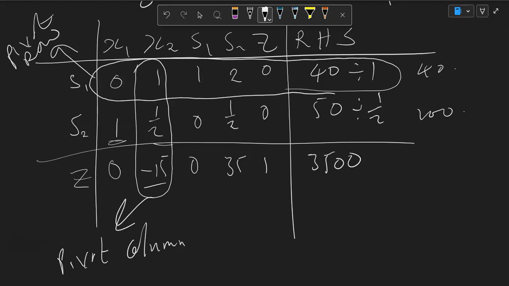Now in this case, we already have a 1. So there is no need of dividing or multiplying, because the number that we want is what we have, which is a 1. So basically the next stage then is, how do we make the other two, this particular half and -15, equal to 0, so that we only have 1 there up, then we have zeros there.